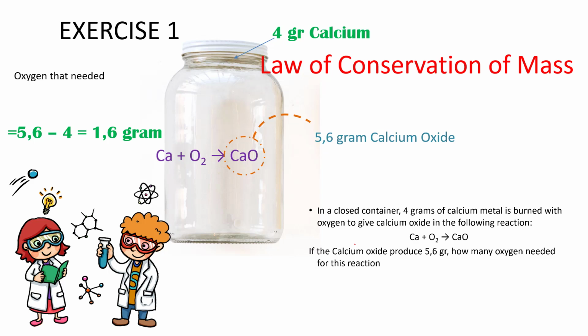Then we can find out that the oxygen needed to make this product is 1.6 grams. This approach of science could be implemented in industrialization, so that the reactant will not be left over, or will be at a minimum.